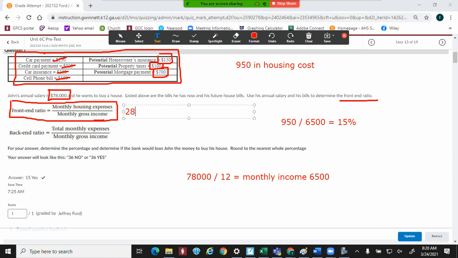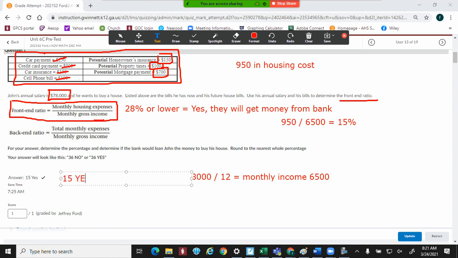And if you remember, if their housing expenses are 28% or lower, that means they're not going to be house poor, which means yes, they would get money from the bank. Okay, so the answer for this particular question is going to be 15, as in 15%, and yes, they will.